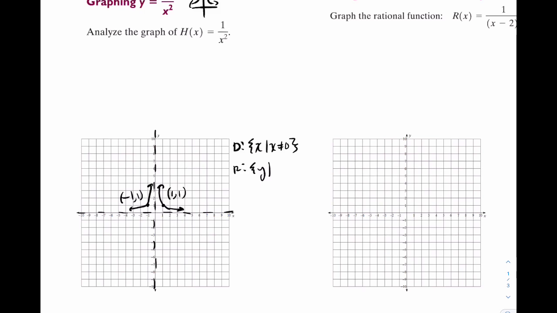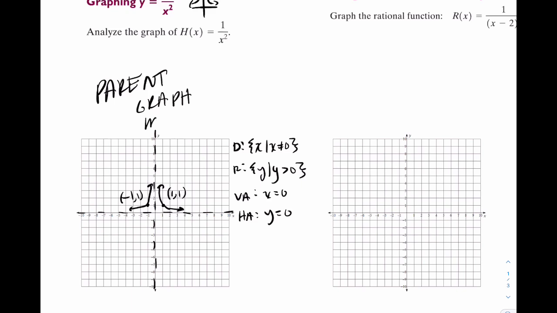So we just have to write y such that y is greater than 0. And of course our VA and HA are x equals 0, y equals 0. And again, this is a parent graph. So you must study that graph and memorize it. But don't worry, you'll use it a lot today, so after today's class it should be in your head.